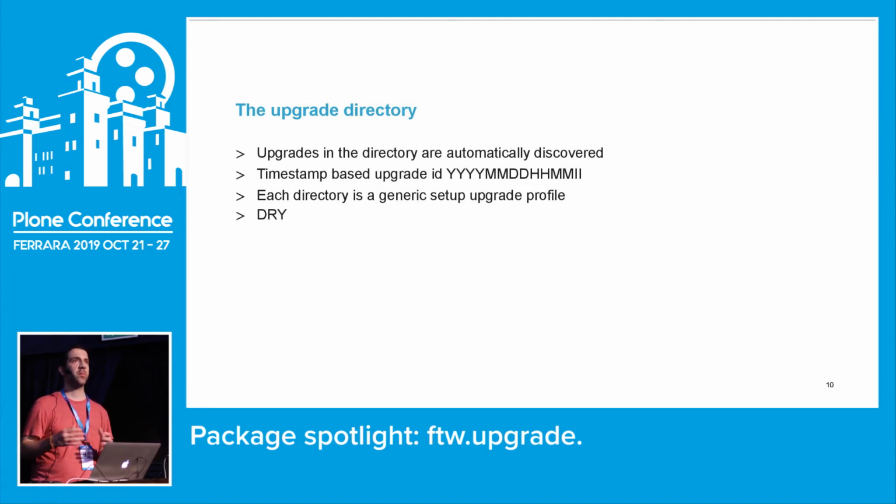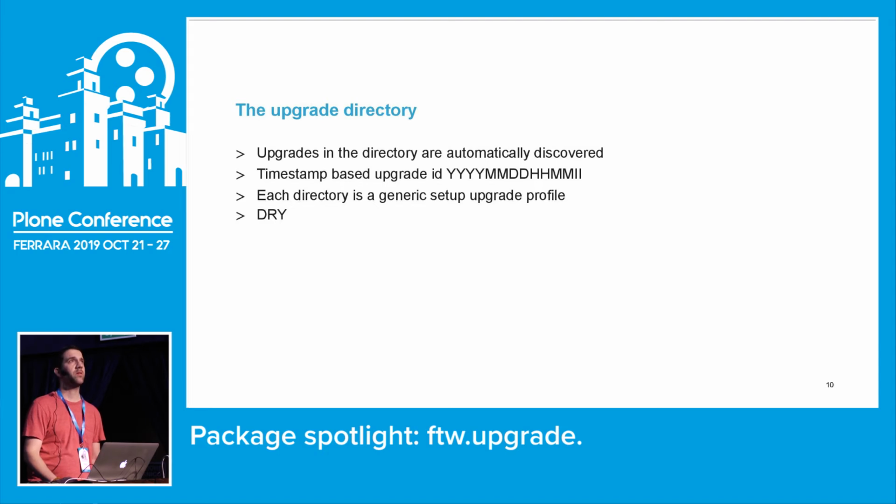So you can put Python code for your upgrades in there, and you can also put XML changes which are then automatically imported for you, which really helps you, as I've already shown you, reduce the repetition that is needed to create new upgrades.